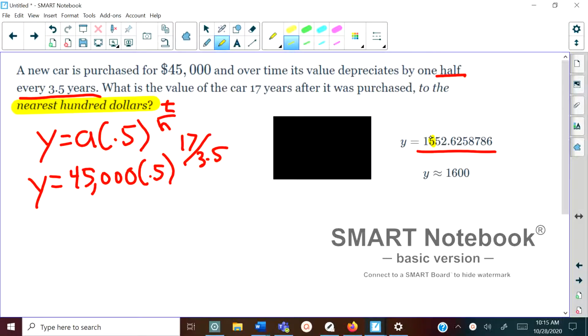Okay, so we're rounding here. So we're going to look at the number next to it, this number here, and we're going to determine whether to go up or down. So if it's 5 or higher, we're going to go up. So we raise it to 6 and make the rest of the numbers 0. So that's how we end up with 1,600, rounded to the nearest $100.